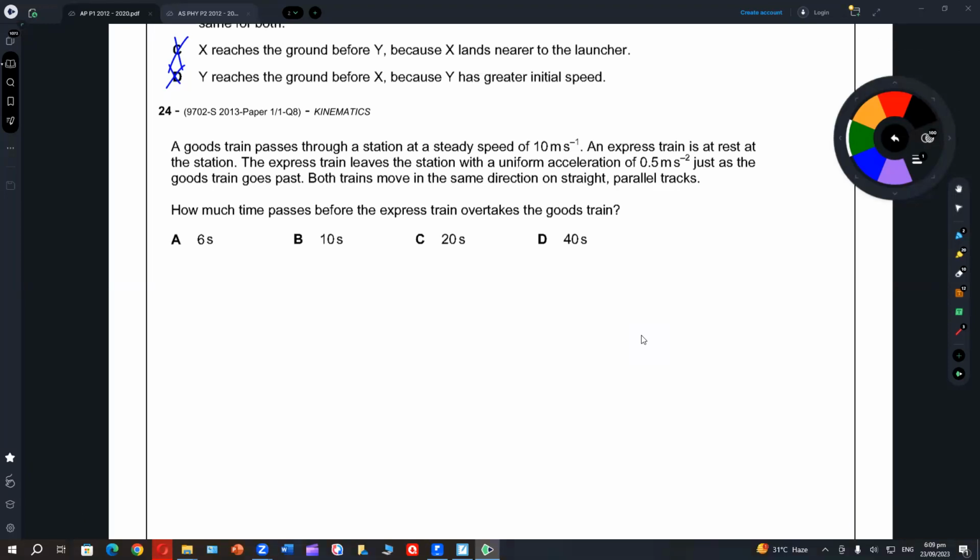A goods train passes through a station at a steady speed of 10 meters per second. An express train is at rest. Now, if I try to simulate, there are two trains. A goods train passes through a station at a steady speed of 10. So let's make a station here.